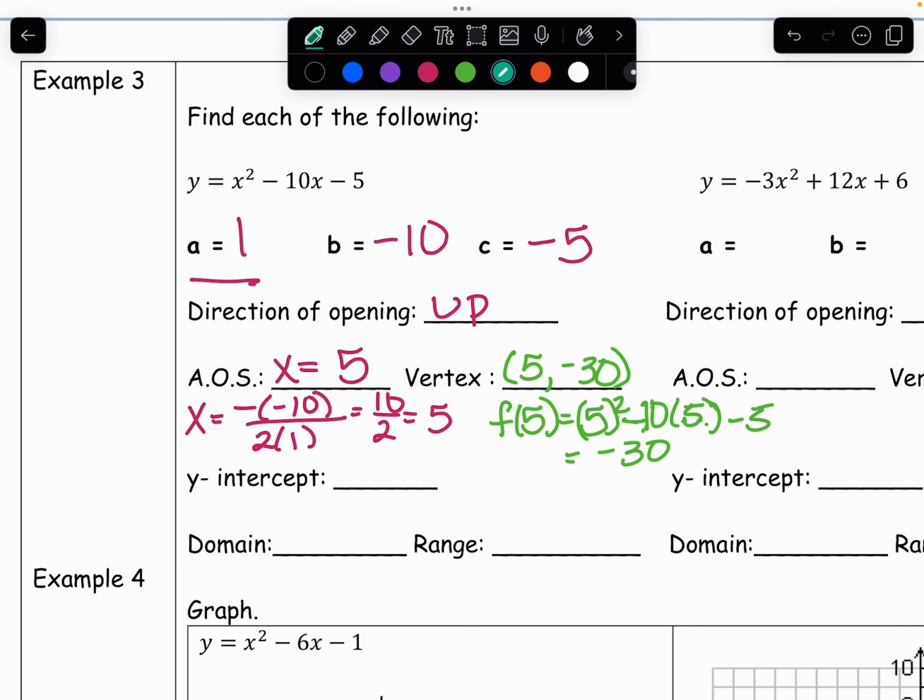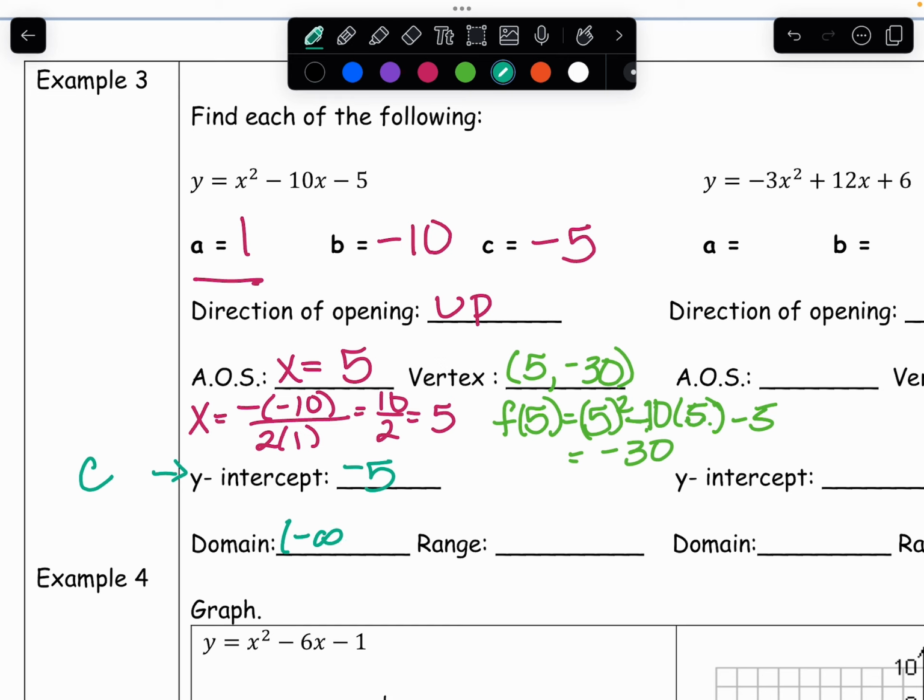Our y-intercept, remember, is your c value, so it is negative 5. And our domain is negative infinity to infinity, where our range is, because it's concave up, our vertex is going to be a minimum, so it's going to go from negative 30 to infinity.